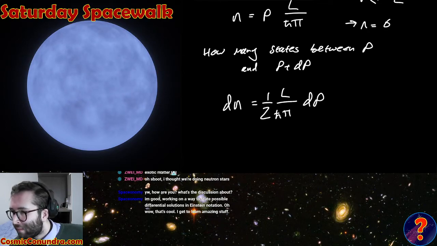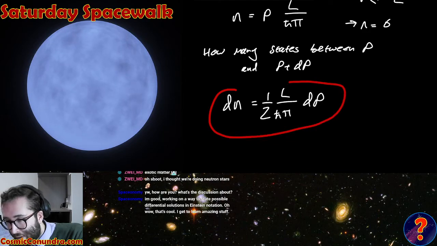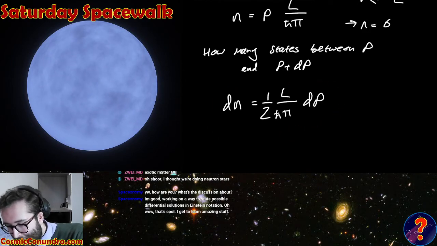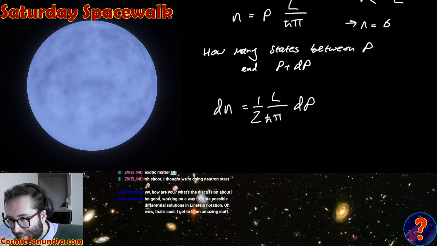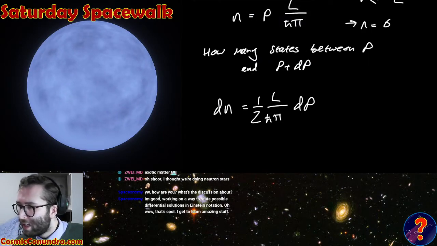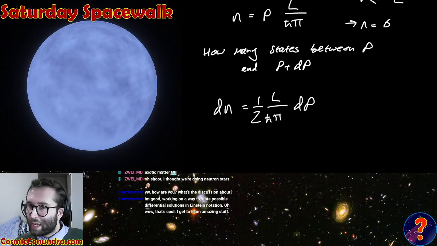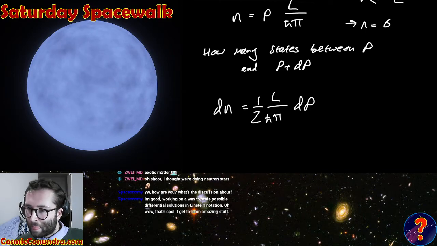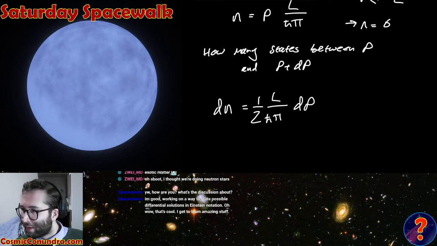So this expression tells us how many states are allowed between a momenta p and a momenta p plus delta p. So far what we're doing is counting these quantum states, because we know that for an electron gas you can only have 1 electron per state.